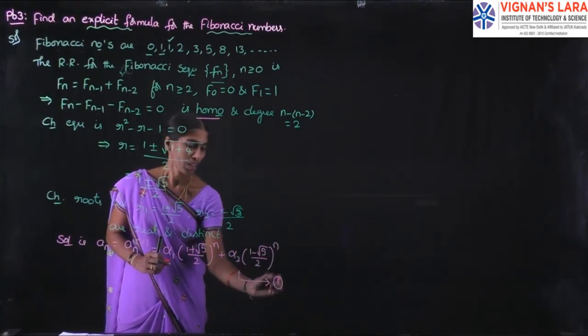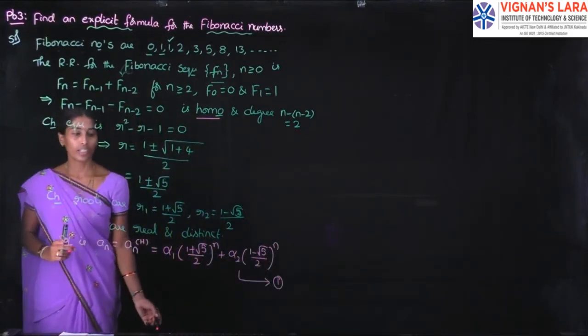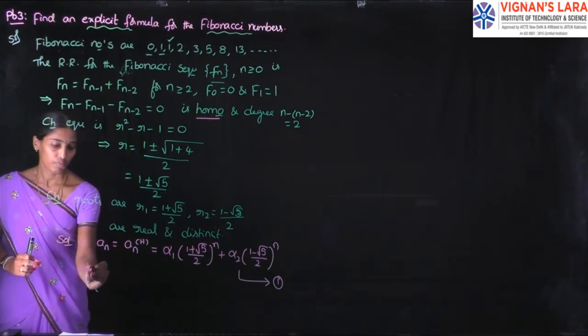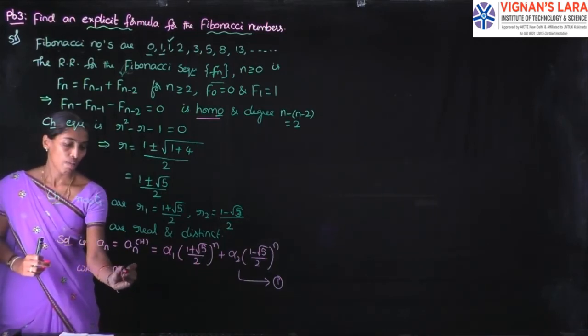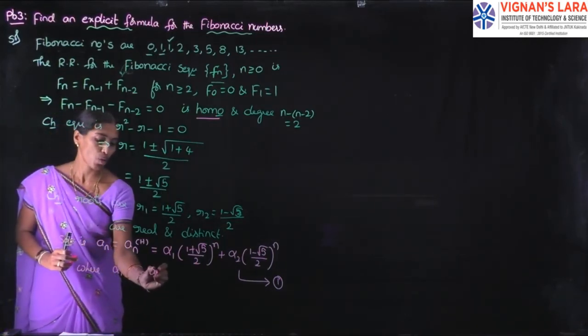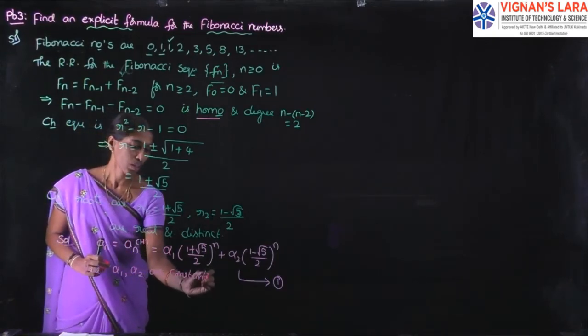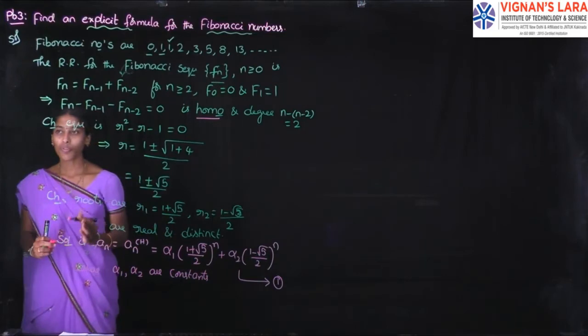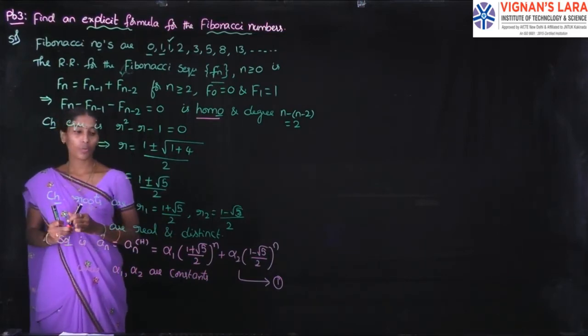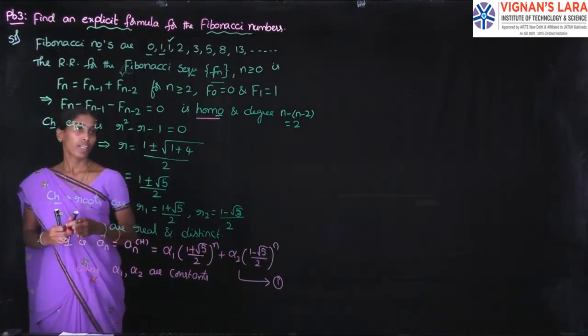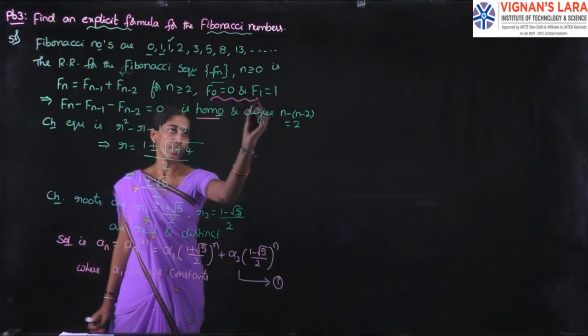Let it be equation 1, right? Where alpha 1, alpha 2 are arbitrary constants. We need to find alpha 1 and alpha 2 values using the given initial conditions, right?